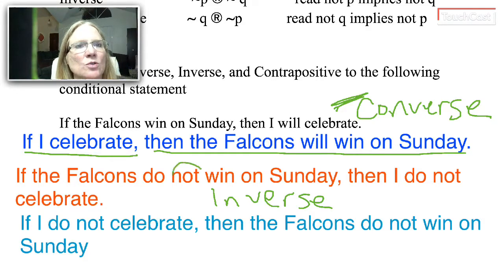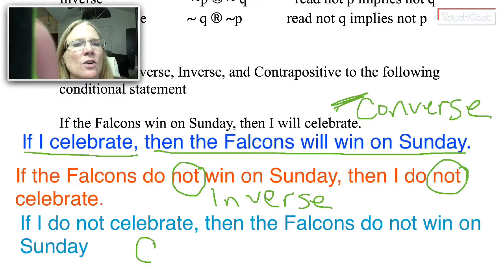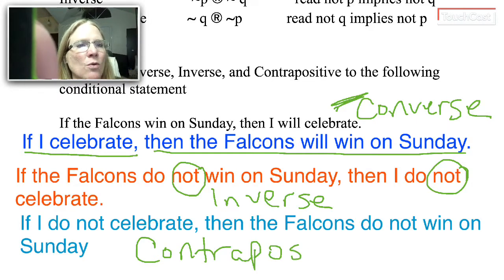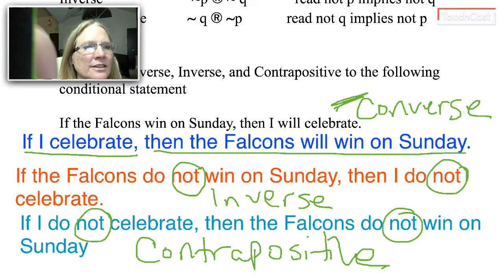If the Falcons do not win on Sunday, then I do not celebrate. Notice we don't say if the Falcons lose. You just want to negate and say not. And then the last one is called the contrapositive, and the contrapositive is in the order of the converse, and it says, if I do not celebrate, then the Falcons do not win on Sunday.